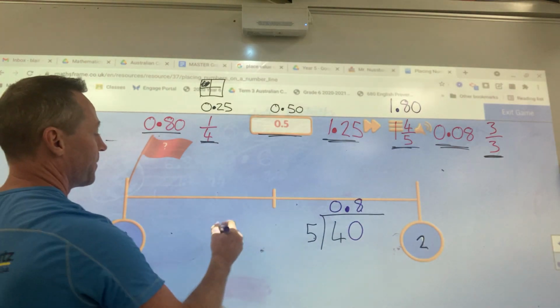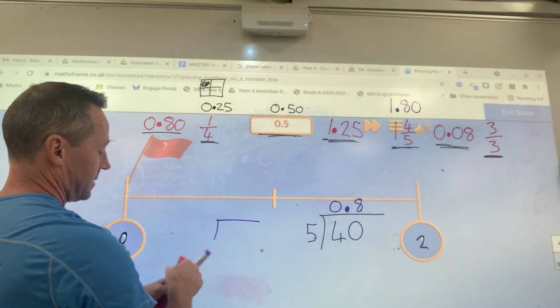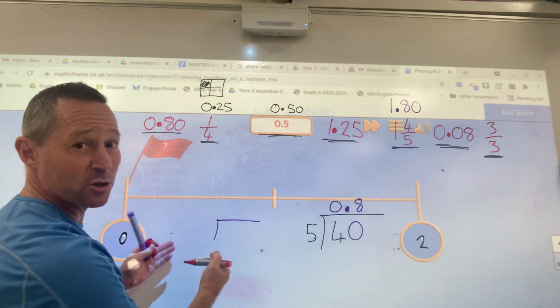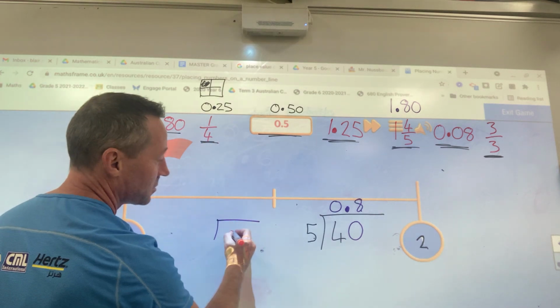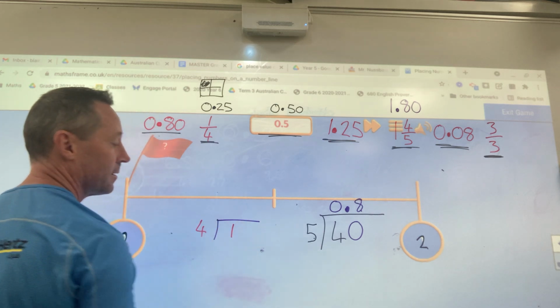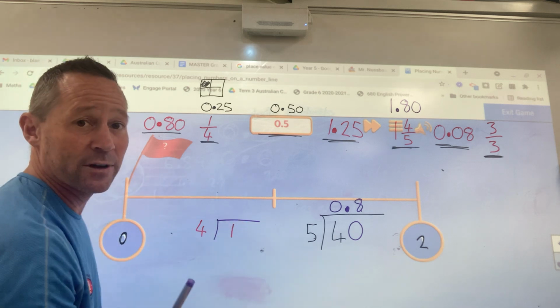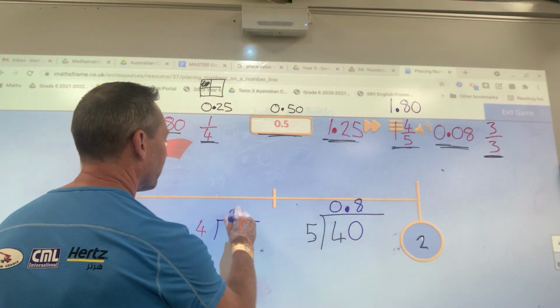We had 1/4. Okay. So again, here's my, which one goes where? Numerator goes, denominator on the outside. 4 cannot fit into 1, so I put a 0.